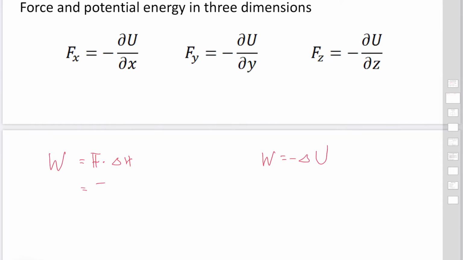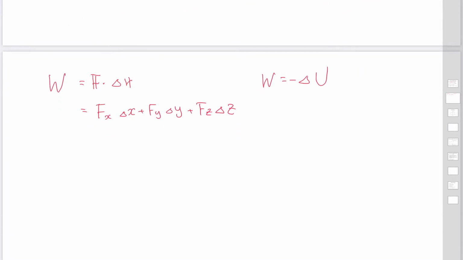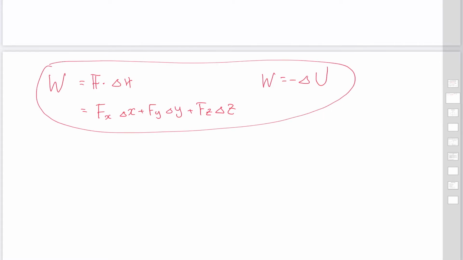The work can be expressed as F sub x delta x plus F sub y delta y plus F sub z delta z. From these two equations, you can find F sub x delta x plus F sub y delta y plus F sub z delta z equals minus delta U.